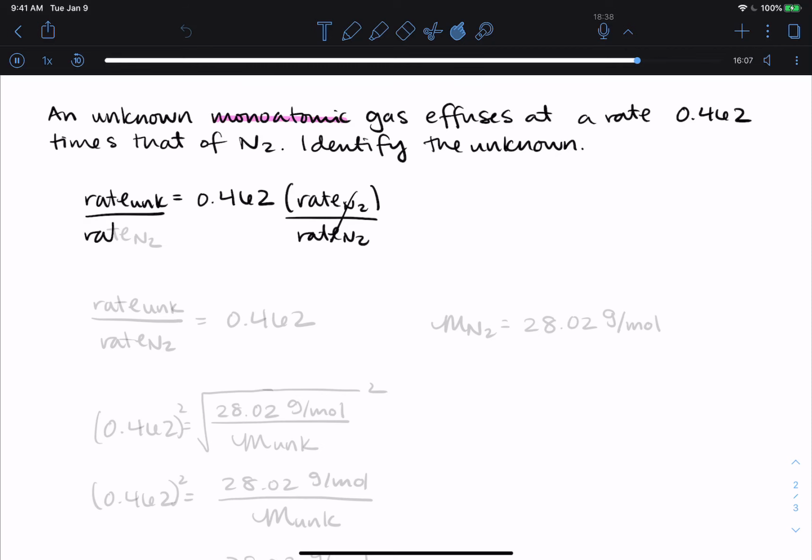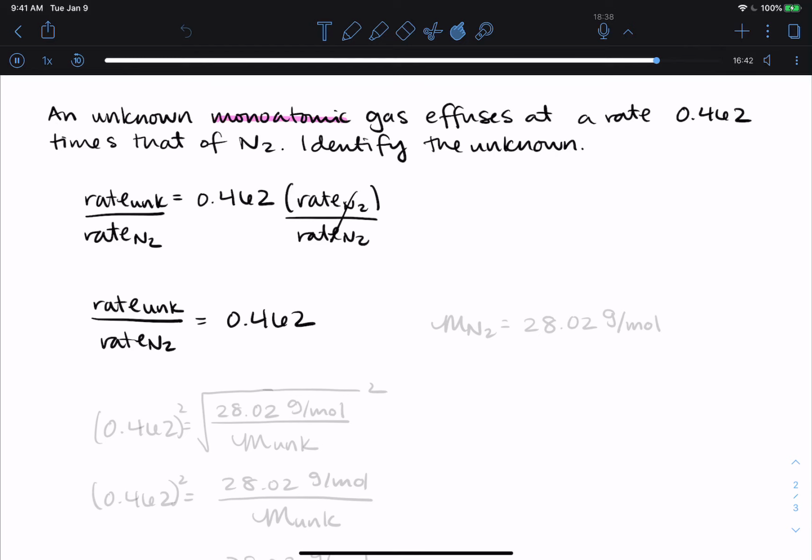And then I'll have rate of the unknown over rate of N2. Now, this left side of the equation looks like the form that I need for Graham's law. And I have a number that I can plug in there, right? So it's like the unknown is A, and I have rate of the unknown over rate of N2. N2 is B. That equals 0.462.